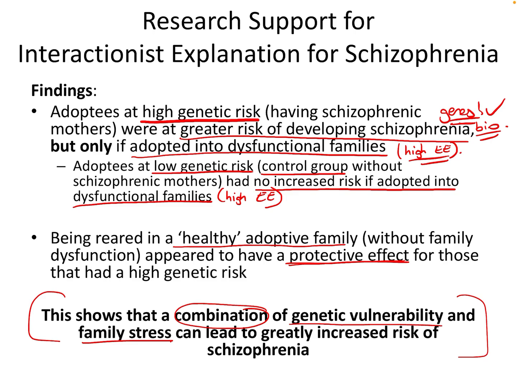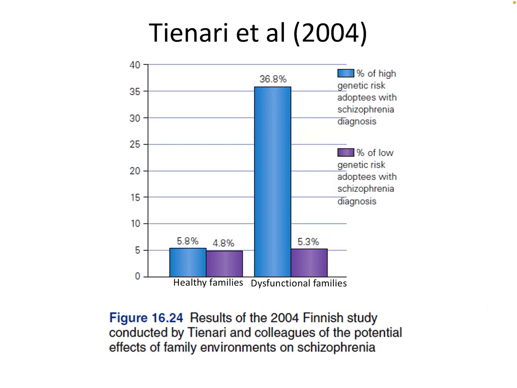So really, really interesting. Here you can see it visually, ignore the percentages, but here we can see the higher genetic risk. So these are the people who had mothers with schizophrenia. And in purple, we've got the control group, whose mothers did not have schizophrenia.